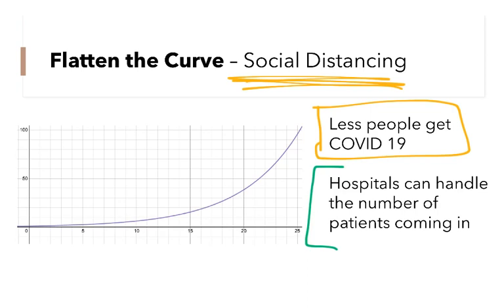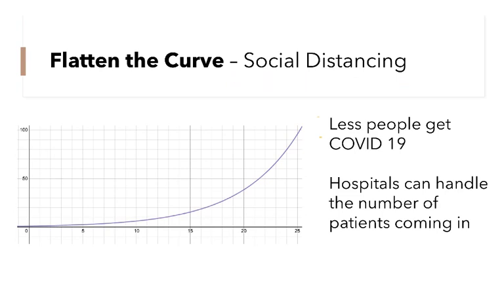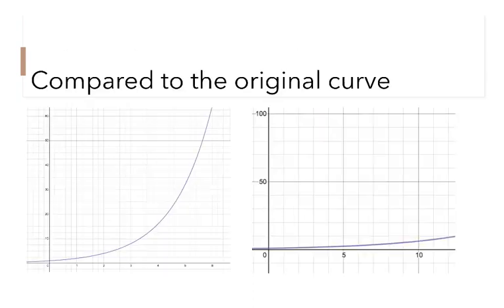So if we flatten this curve, if less people are catching COVID-19, then we'll be able to go back to normal even sooner. That's what they keep talking about. We're flattening the exponential curve so that we can then start to decrease our cases of COVID-19.